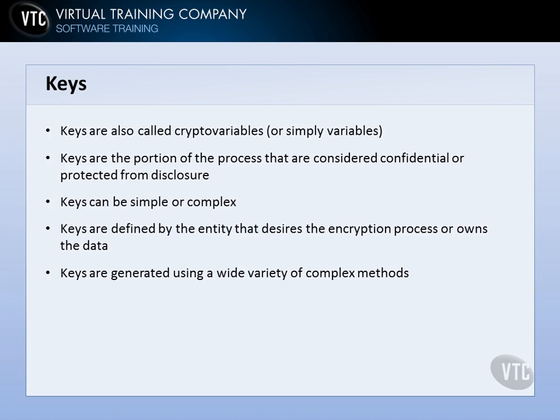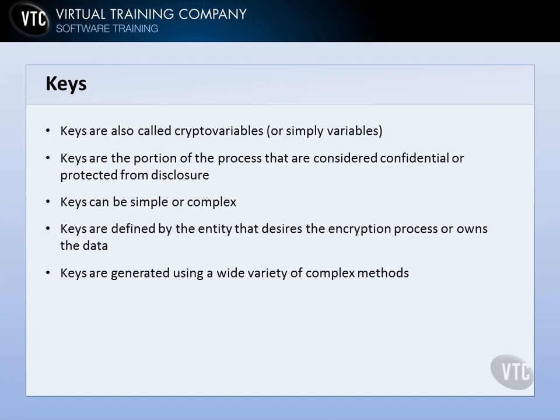Keys in general can be simple or complex. Now, in earlier forms of cryptography, like substitution cryptography, for example, the key might have been something very simple, like a letter or a word. In modern cryptography, however, keys are typically very complex. Large numbers, in fact, large hexadecimal strings of numbers could be the key.